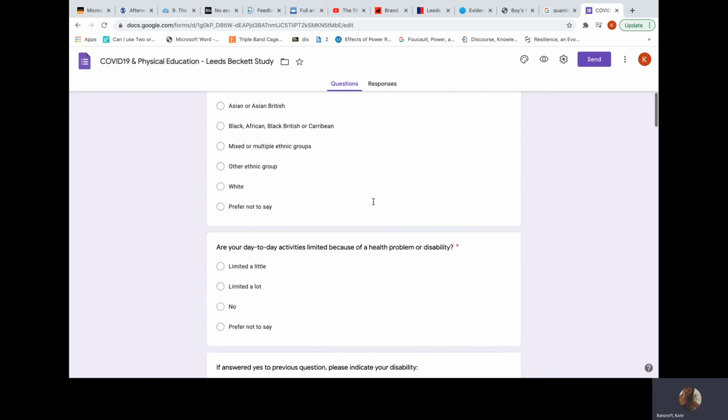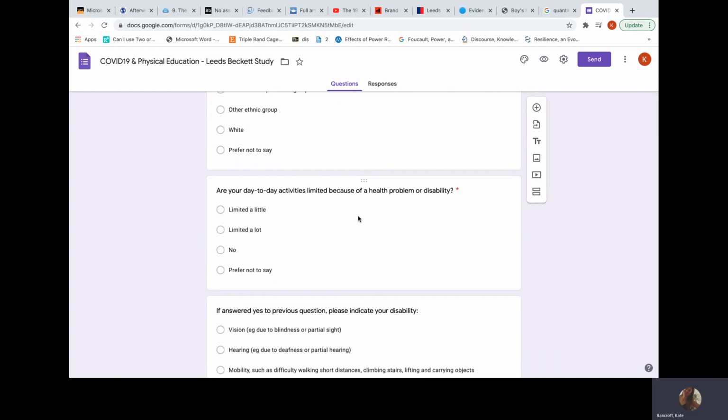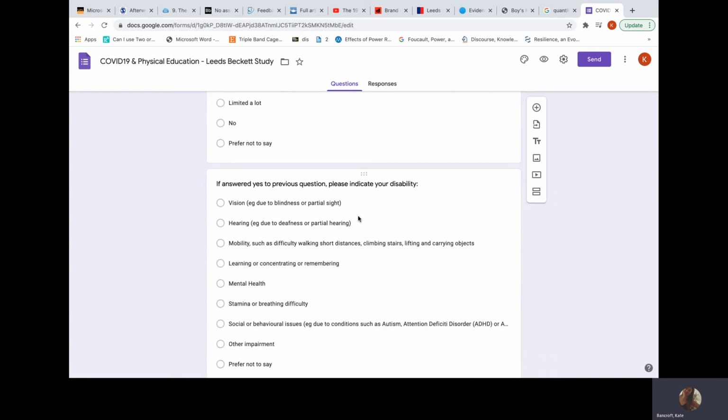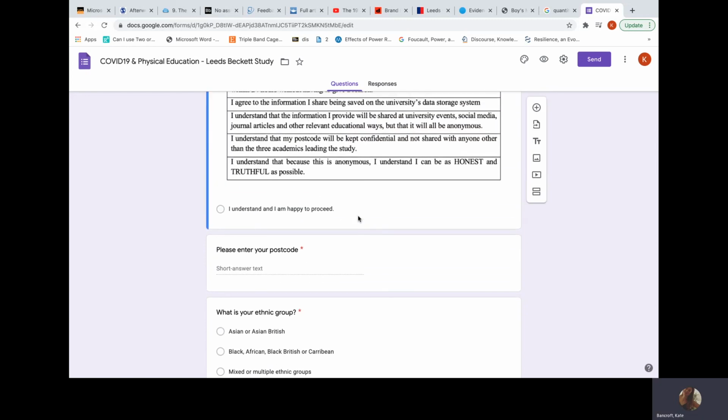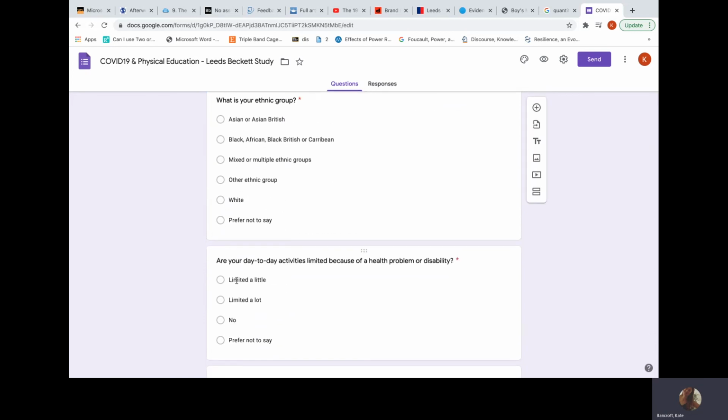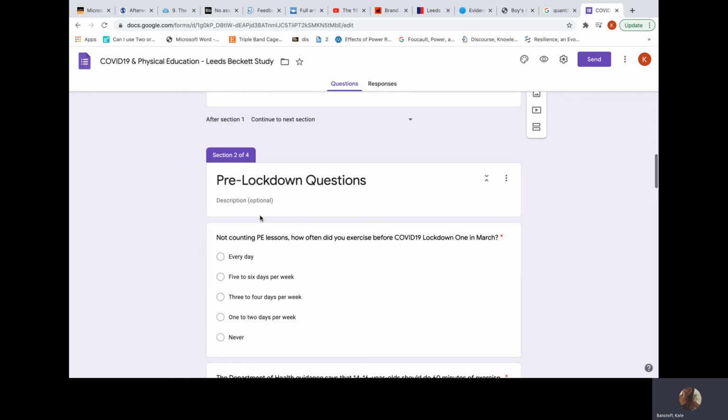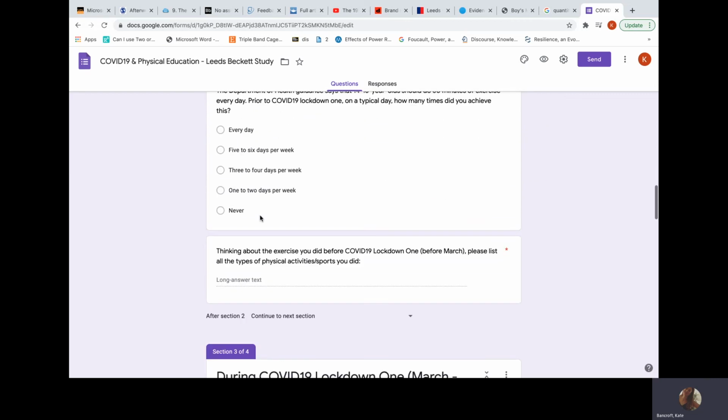We look at their ethnicity, we look at their health problems or disabilities, and the study just generally, hopefully you can see, would provide much more insightful results as a result of being able to get a mixture of quantitative, but more in the context of this mini session, qualitative data.